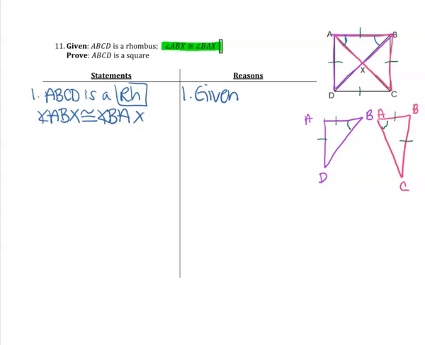So if I just start marking some things up, like I'm thinking, okay, well, if these two sides are congruent and this is a triangle, that means the opposite angles have to be congruent. So I would have this angle right here congruent to this angle.